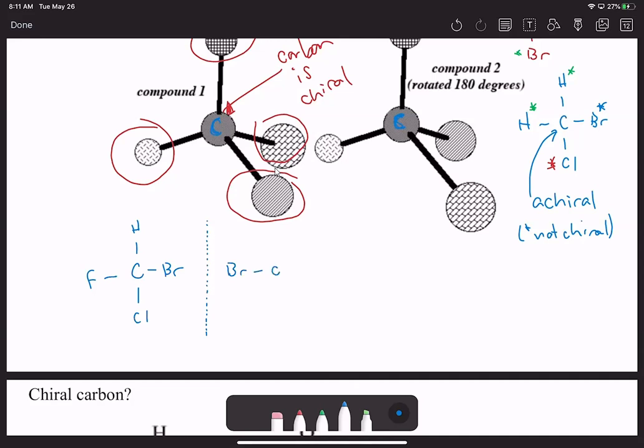Bromine here. Cl. So what it seems to be is that we do have a mirror image, but we don't have any dimensionality involved in these structures here.